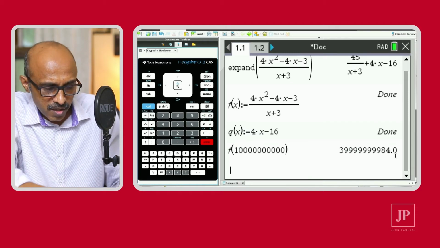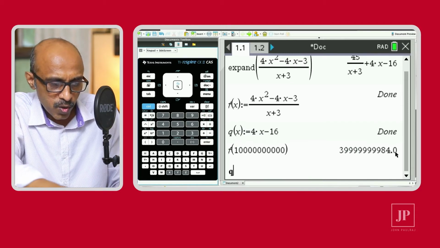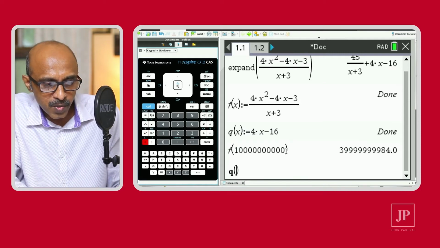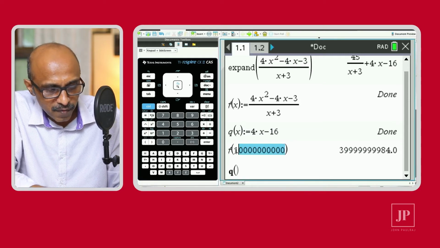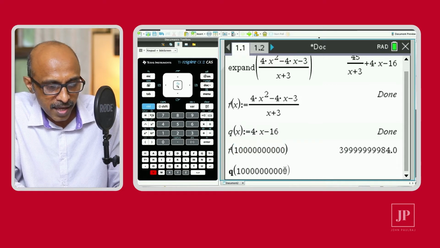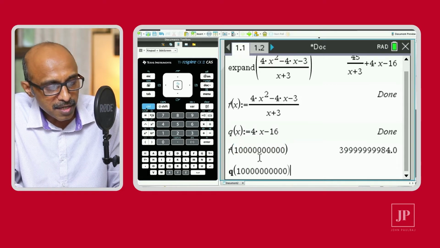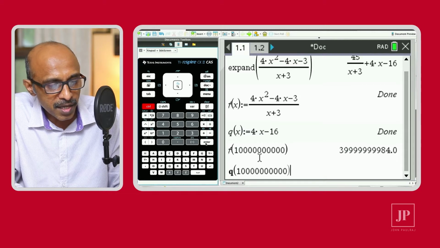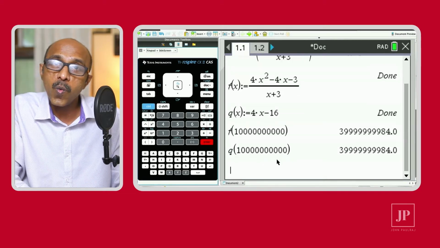Okay, let's check the quotient function for the same value. I don't know whether I'm going to make a mistake entering the number of zeros, so I'm just going to copy that and paste it here. And again, when I hit control enter, what am I going to get? Wow.